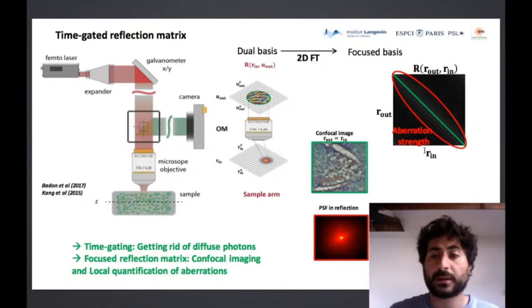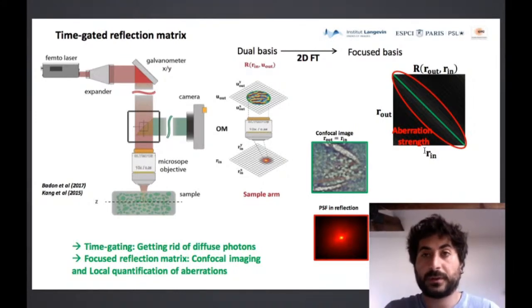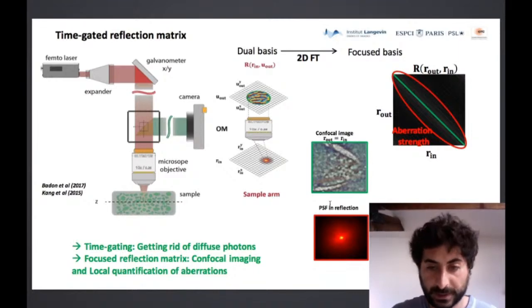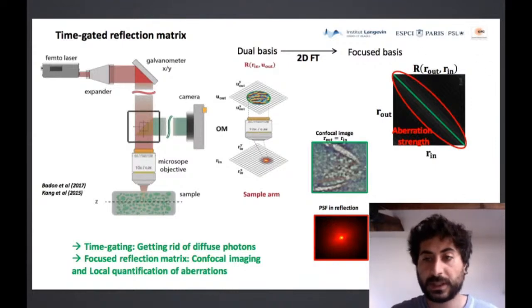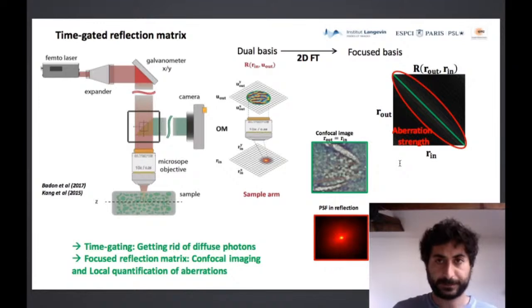But with this focus matrix, we also have access to the strength of the aberration. So we can quantify how the energy is spread out of the focusing point due to aberration and multiple scattering, and this corresponds to the off-diagonal elements of the matrix. So here you can see a point spread function in reflection deduced from this focused reflection matrix.